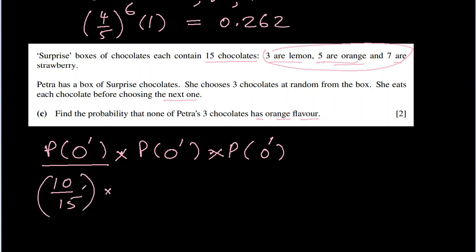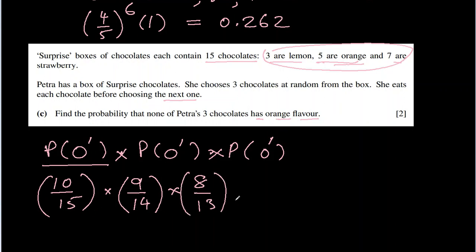Second, she has eaten one of these 10. So now we are left with 9 out of 14 because she has eaten one. Now there are only 14 chocolates in the box. And then it will be 8 because she's again eaten the one which is not orange. So it will be 8 out of 13. These are the 3 probabilities you multiply, and what I get is 0.264. That's it.